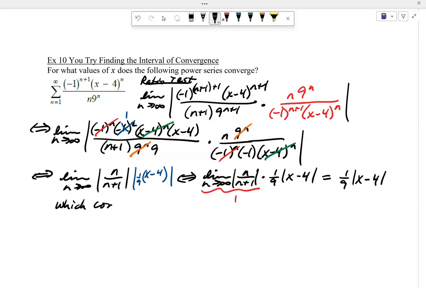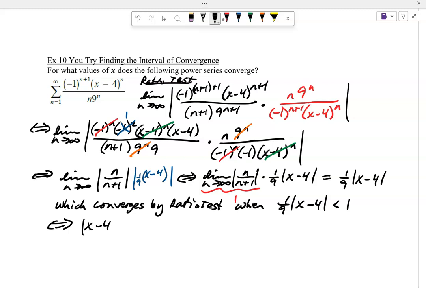which converges by the ratio test when it's less than 1. In other words, there's our radius of convergence.